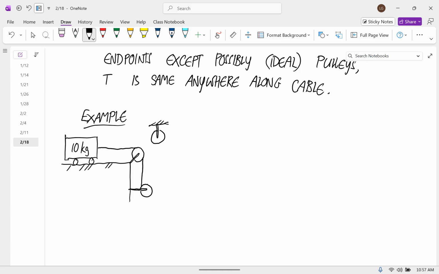Okay, so this cable goes like this, and then over this pulley, and then up to that one, and then down. And there's a body here that has a mass of 5 kilograms. We're going to assume that each of these stretches of cable is either horizontal or vertical.